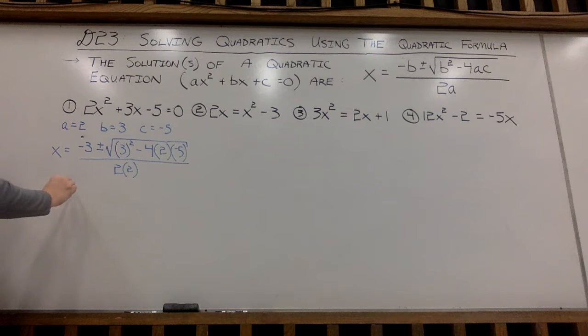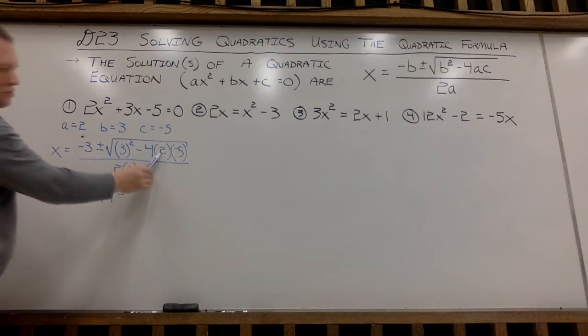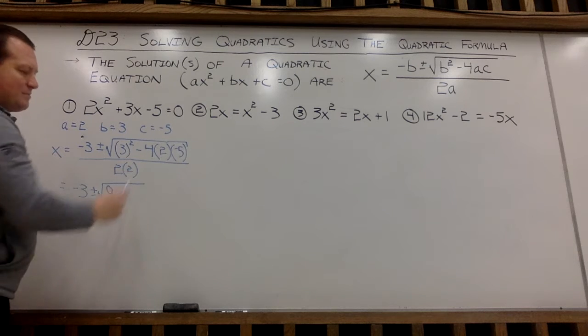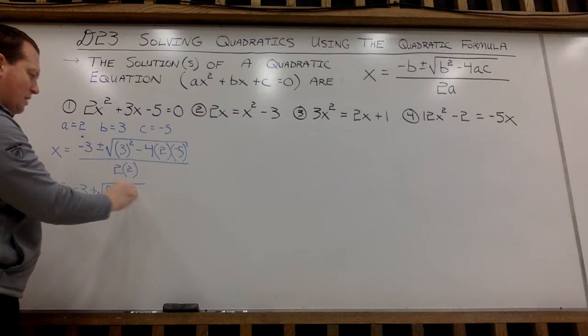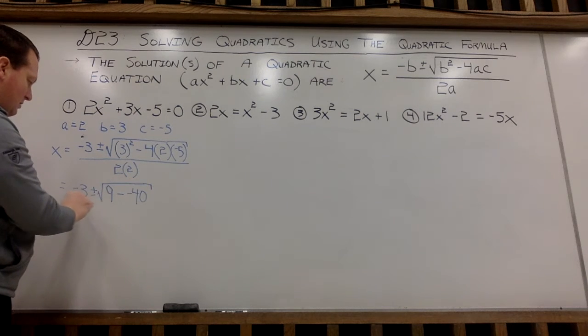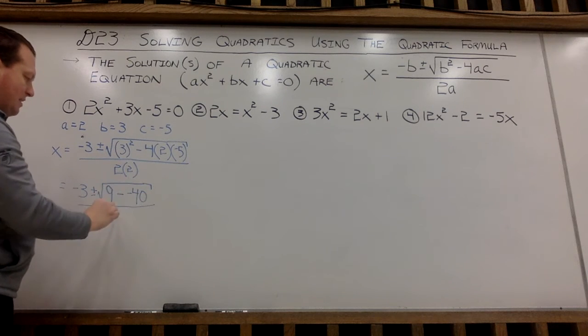So simplifying, I'll have negative 3 plus or minus my square root. 3 squared will give me 9, minus 4 times 2 is 8, 8 times negative 5, negative 40. Again, divide that by 2 times 2, which is 4.